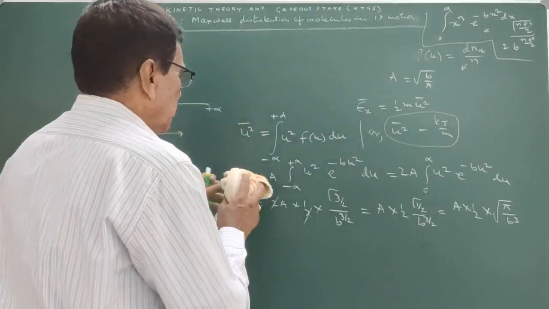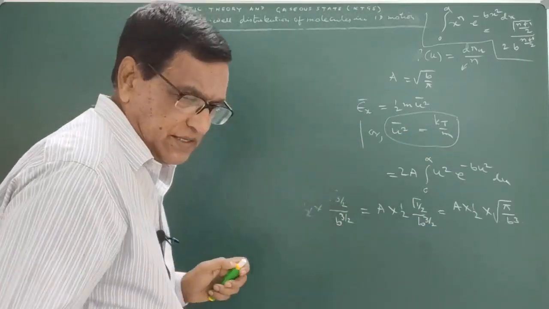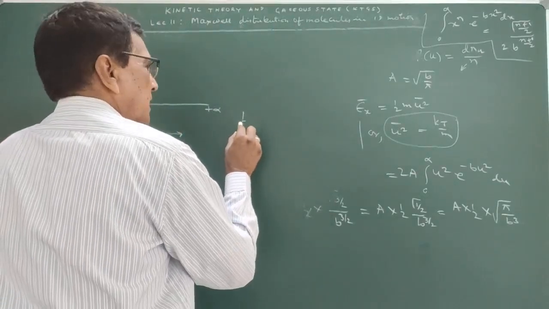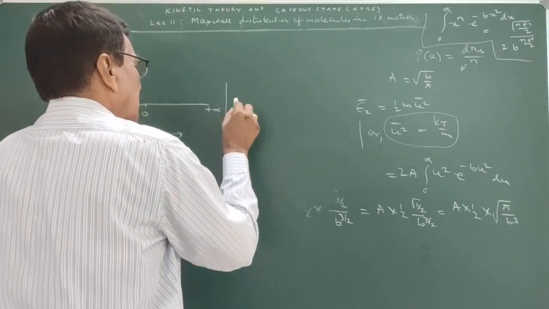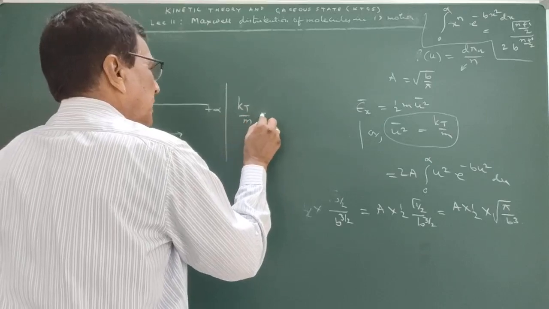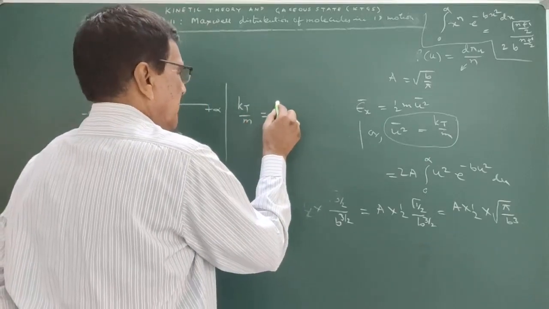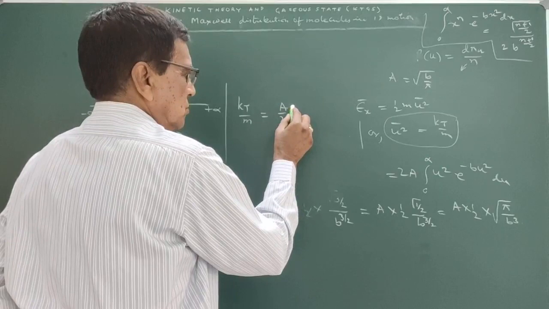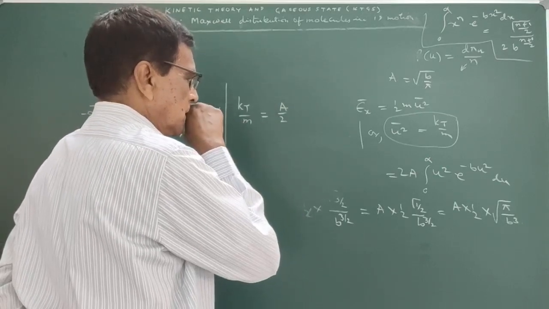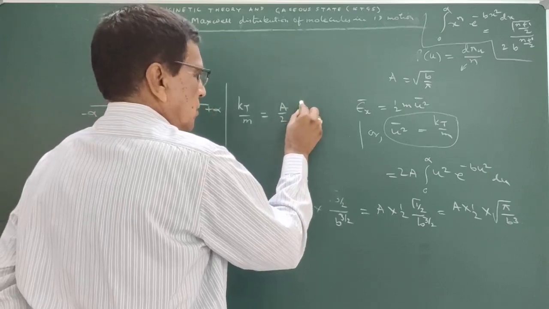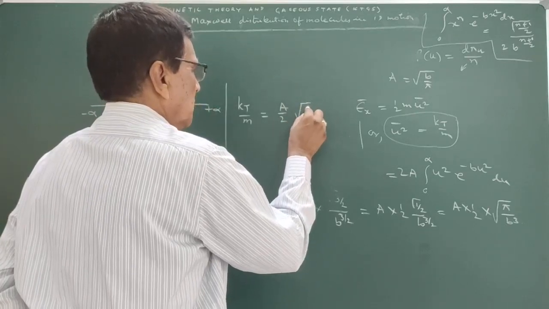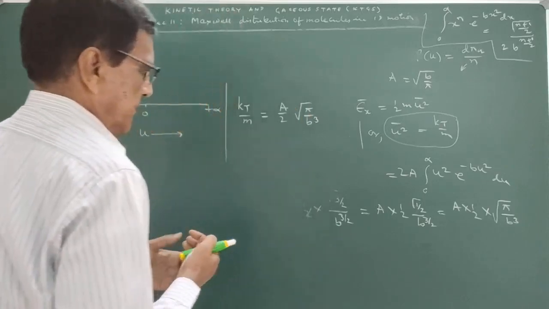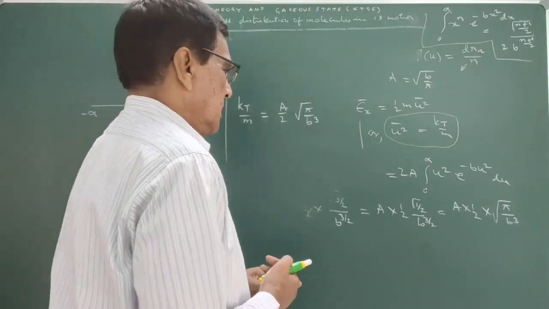So if we equate, then kT by m equal to A by 2 into root over of pi by b cube, to the power 3 by 2.